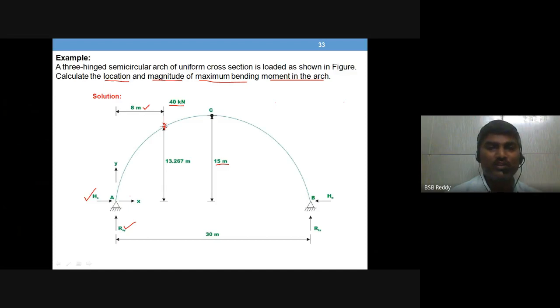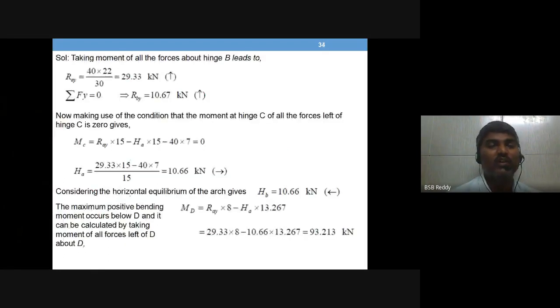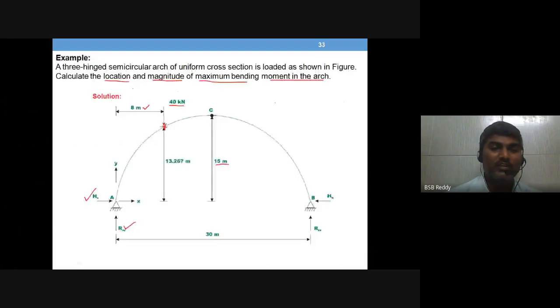So all this deals with the regular procedure of how you proceed for solving, right? So how do you start solving for reactions? You know why you want reactions from the earlier discussion. If you want the bending moment in the arch at any point, first you need to solve for support reactions. Otherwise, you are not able to find the bending moment in the arch. Okay, let us see how we solve for support reactions.